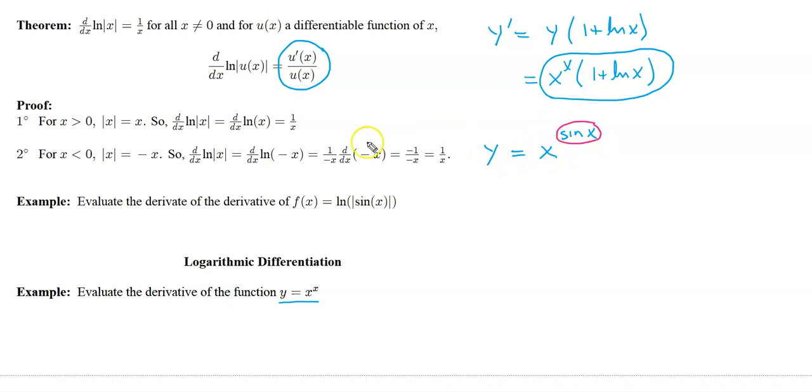So we take the ln of both sides. We get, so there I took the natural log of both sides and I dropped the sine x down in front of the ln right away. Now we just have to differentiate both sides here with respect to x.